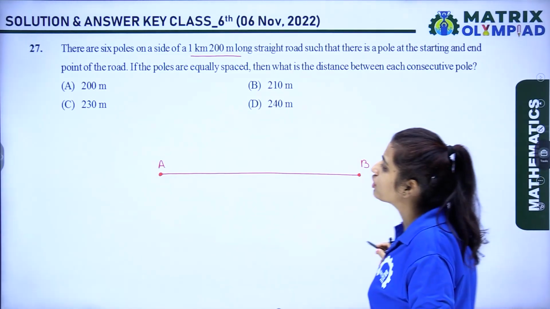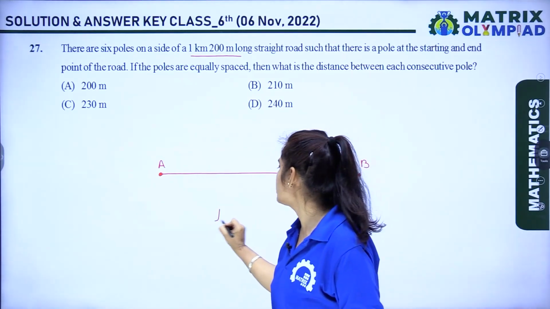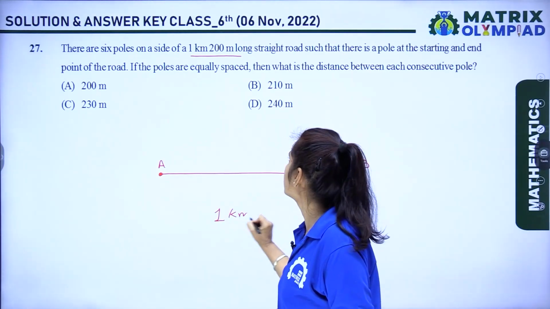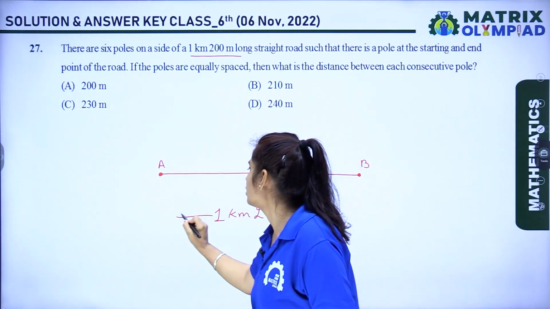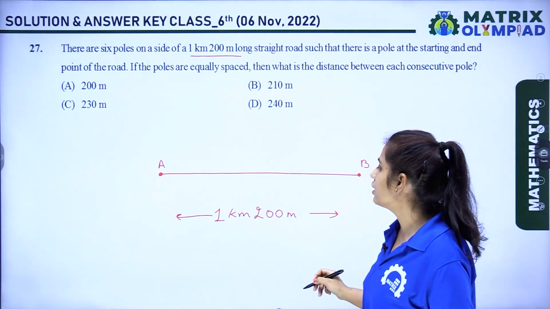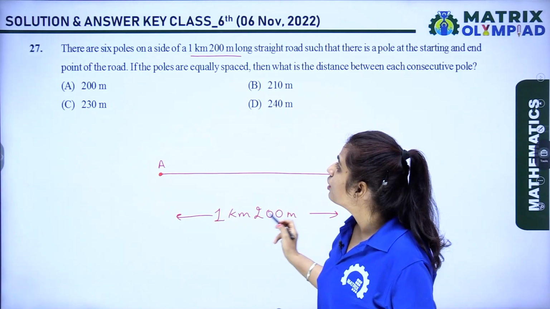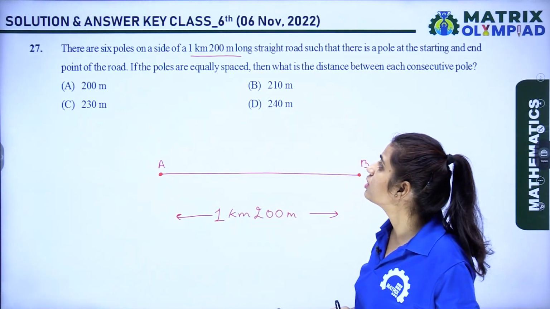We have to find the distance between each consecutive pole. This straight road is 1 kilometer 200 meter long, and at the starting and ending points we have poles.